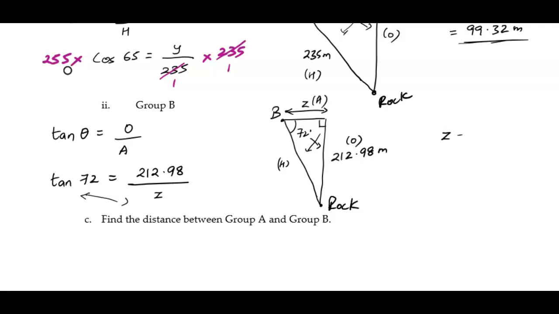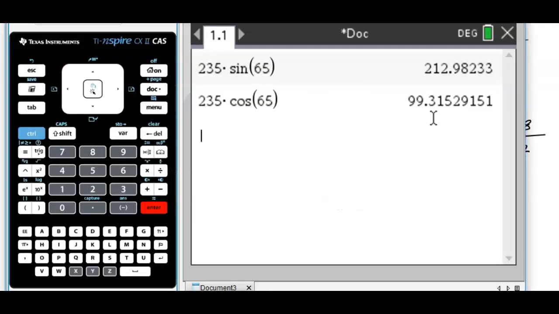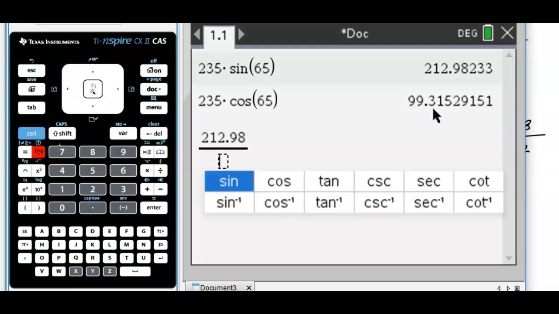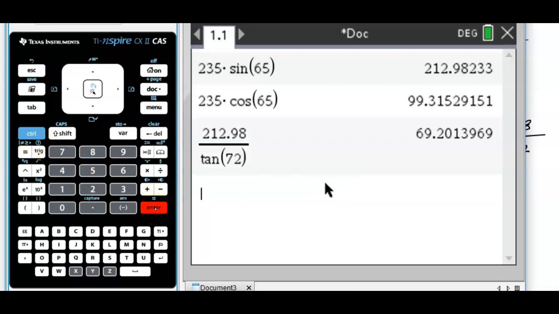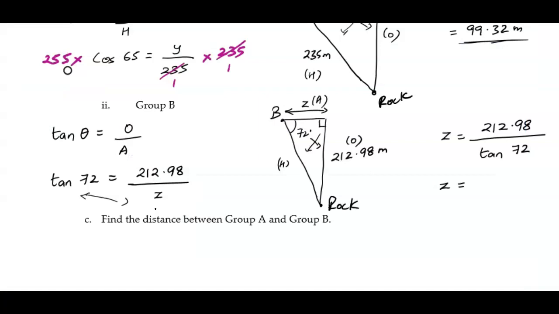So Z is going to be equal to 212.98 divided by tan 72 degrees. So I'm going to put that in my calculator. 212.98 divided by tan 72 degrees gives me a distance of 69.20 meters. That is the distance of group B from the rock in the eastern direction.